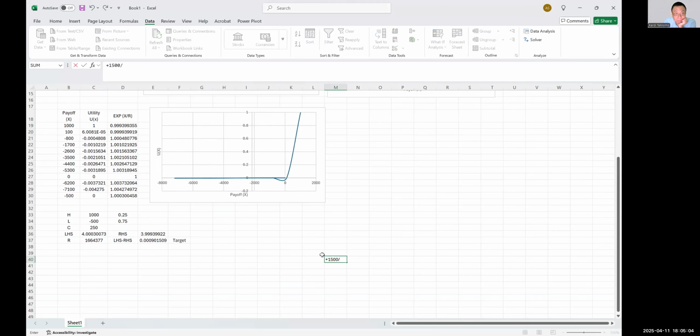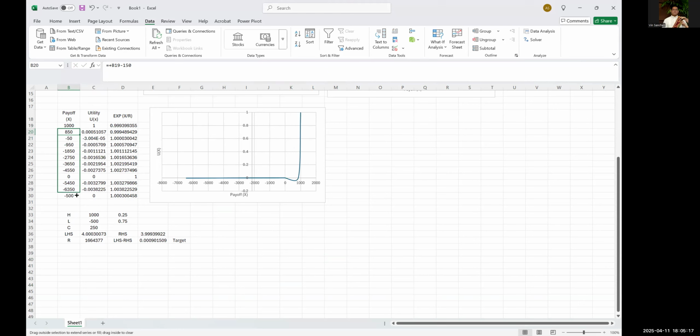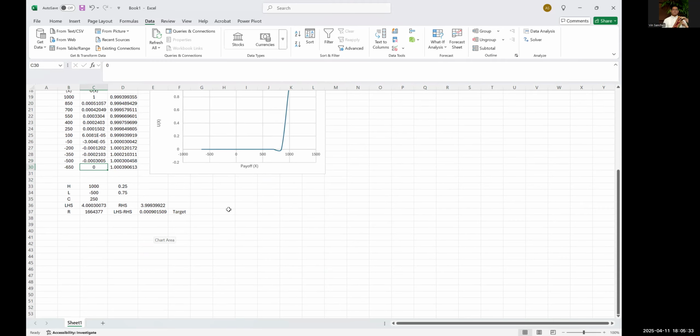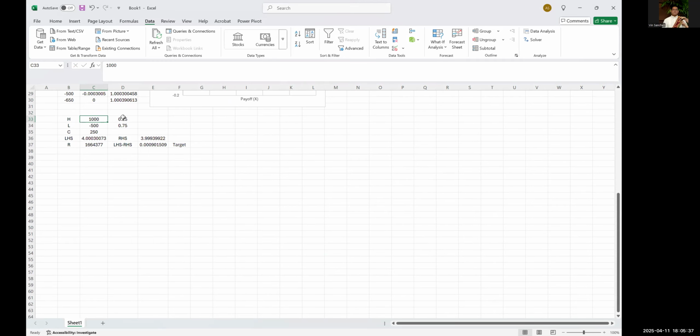If the highest value is 1,000 with the probability of getting this payoff at 25%, and negative 500 for the lowest payoff at 75%, the left-hand side is 0.25 times H over R, minus H over R, of EXP, then plus 0.75.